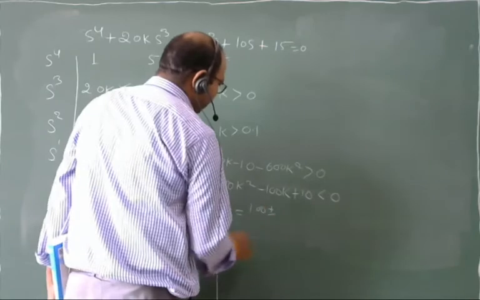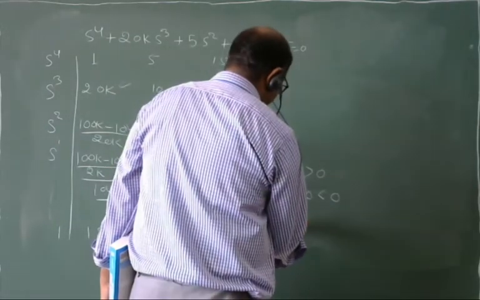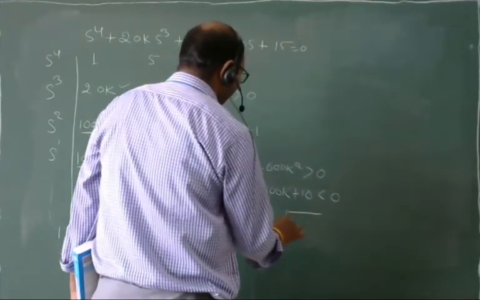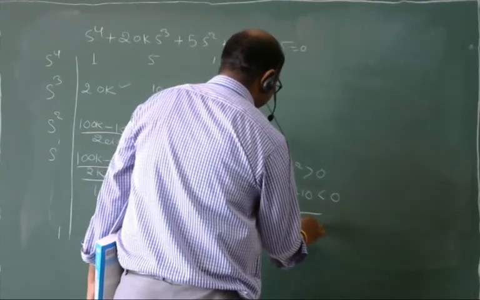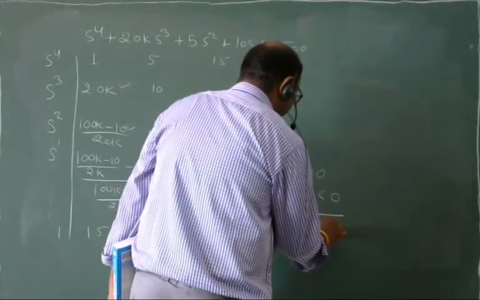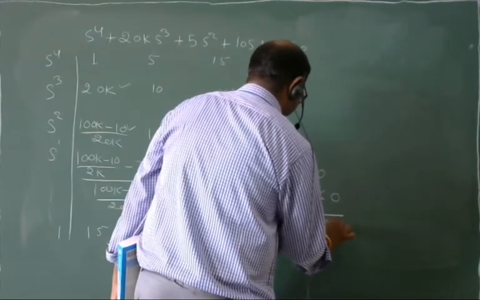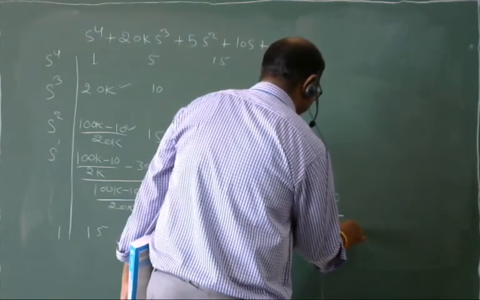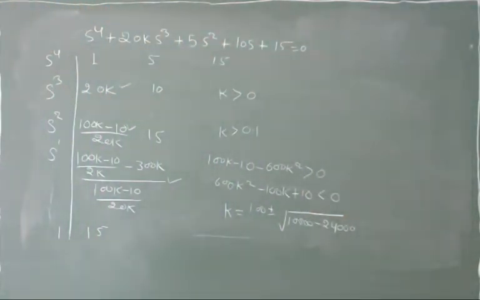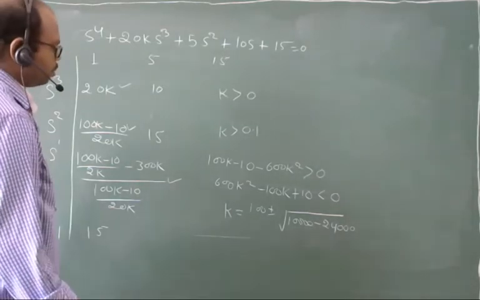100 plus minus under root 10,000 minus 24,000. I think there is a mistake, something.